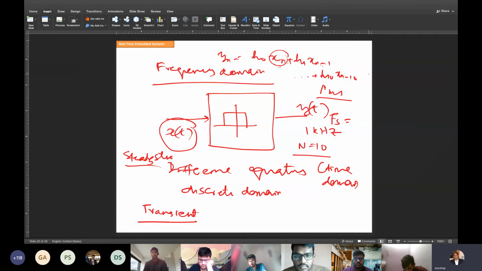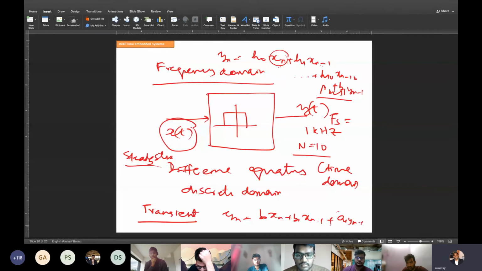You are right. So that is because of this FIR. Suppose it is an IIR filter, where there would be some feedback of the output, let's say A1 y[n minus 1]. IIR filter means y[n] is equal to, let's say, B0 x[n] plus B1 x[n minus 1] plus A1 y[n minus 1].